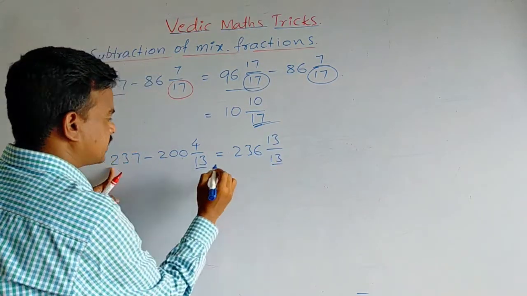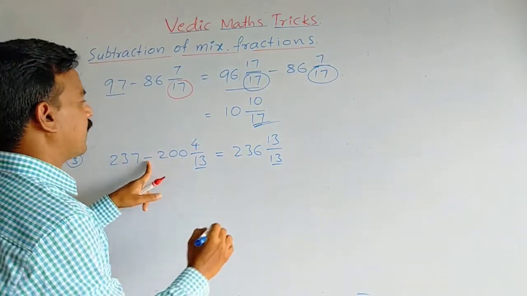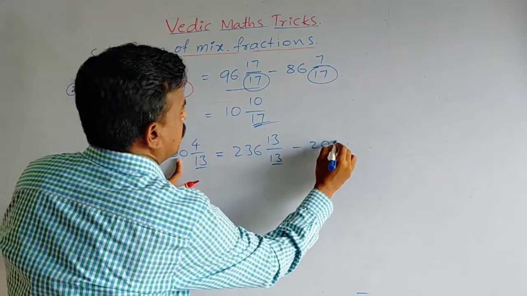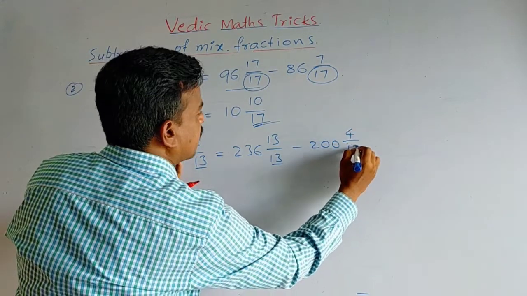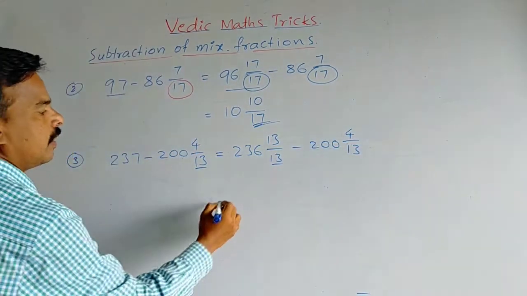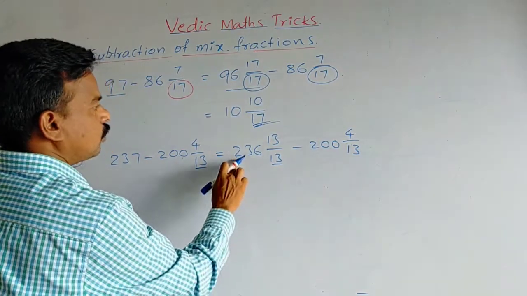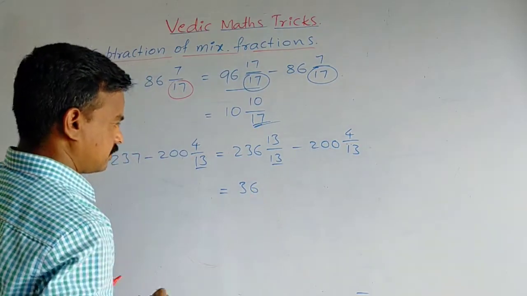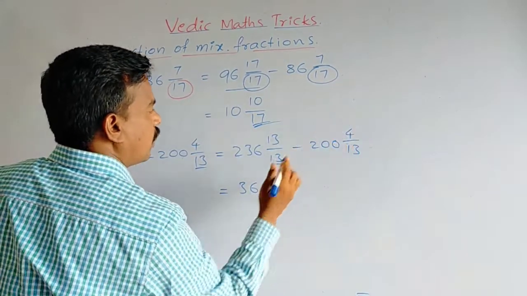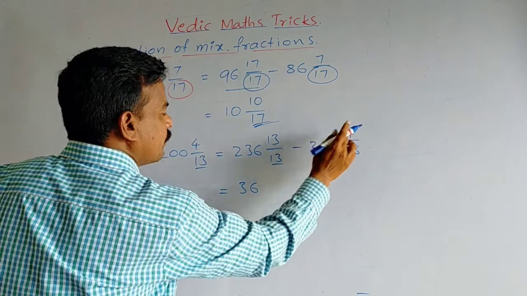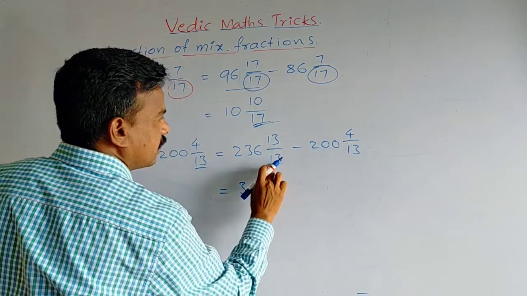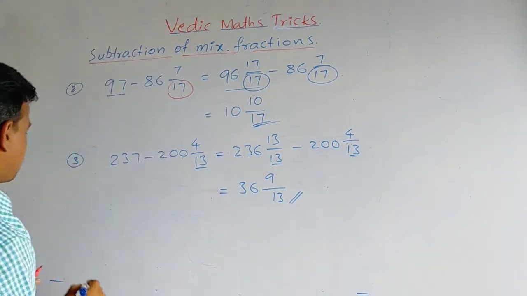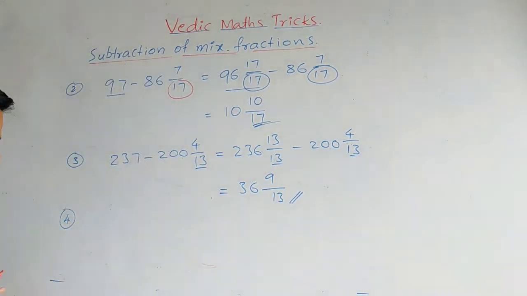The denominator is the same here. Next, minus 204 by 13, as it is. It is equal to 236 minus 200, which is 36, and 13 minus 4 is 9, with 13 as the denominator. So this is the answer.